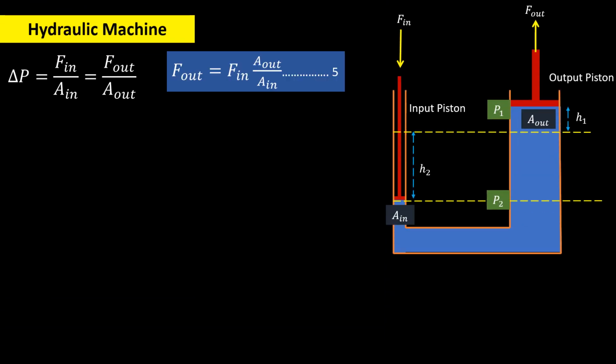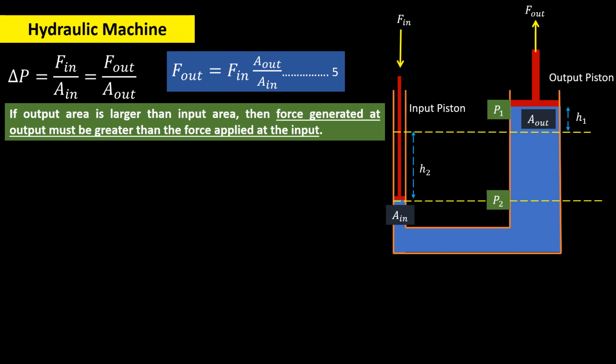So from the same equation, we can make F out the subject of the formula, such that we have equation 5, which is F output, the force at the output, equals the force at the input multiplied by the ratio of area at the output and the input.